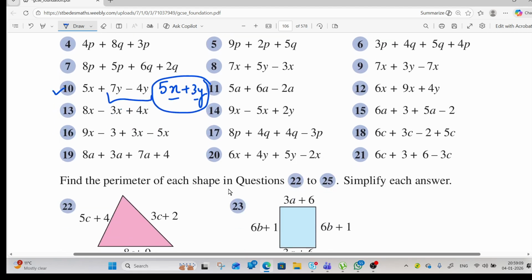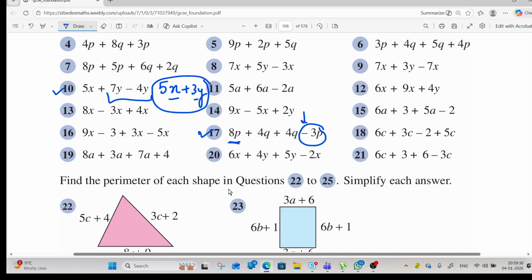Let's try number 17. Which pair is like for 8p? Plus 3p. That's minus.